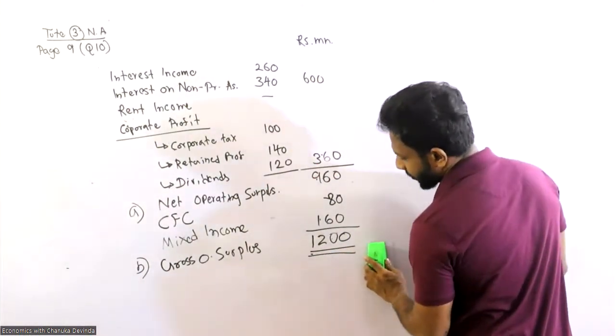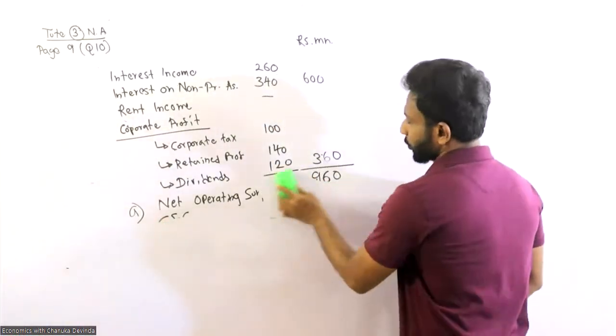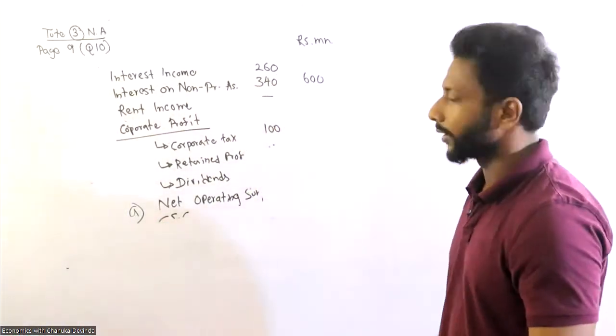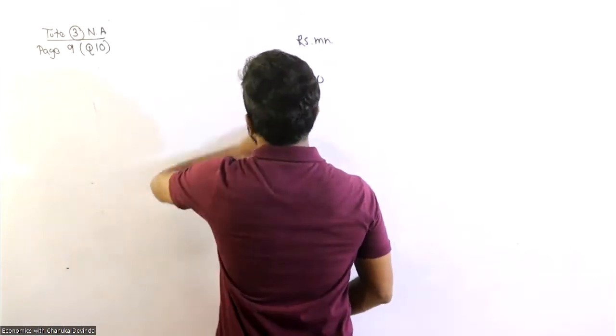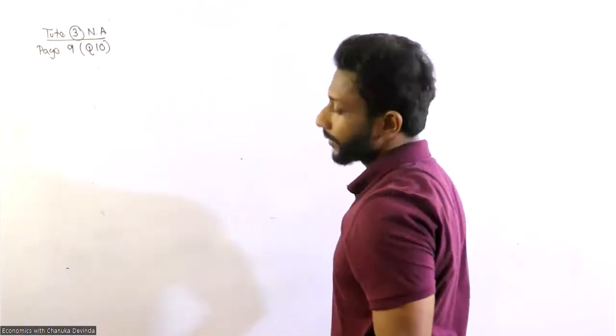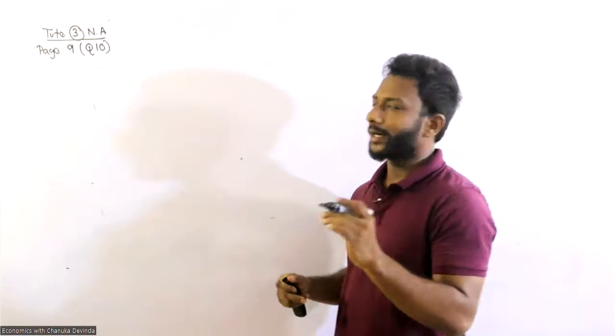We'll calculate. So gross operating surplus was 1200, right? So here we are going to calculate gross value added at basic price.